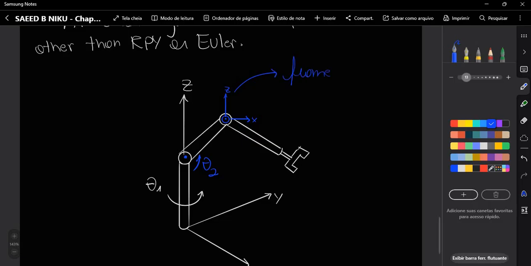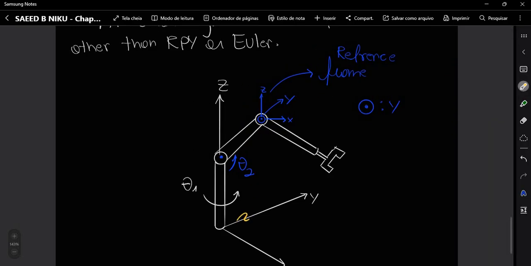So this is a reference frame, and let's say this is Y.